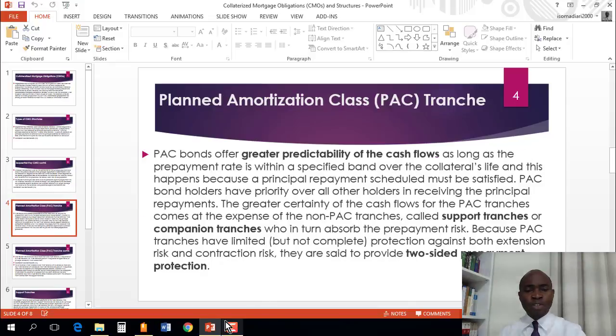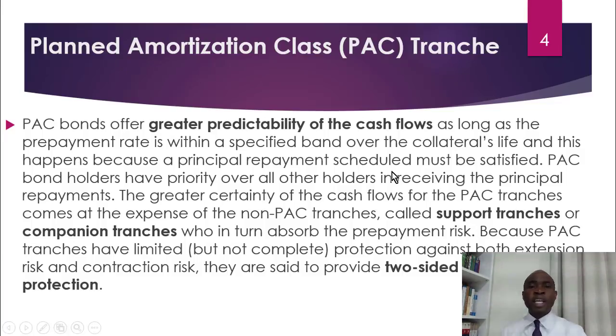Okay, now the next thing we want to discuss is what we call planned amortization class tranche. When we discussed sequential pay tranche, we noticed that you're either exposed to contraction risk or exposed to what? Extension risk. Is it possible for us to structure a CMO that is protected against both contraction risk and extension risk?